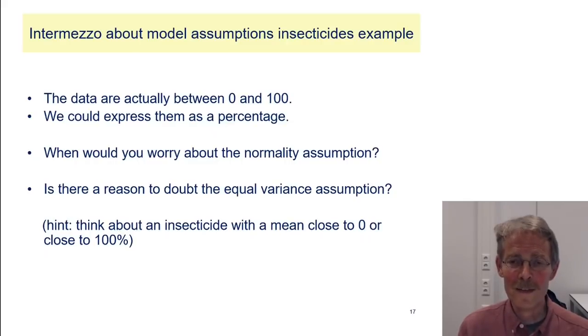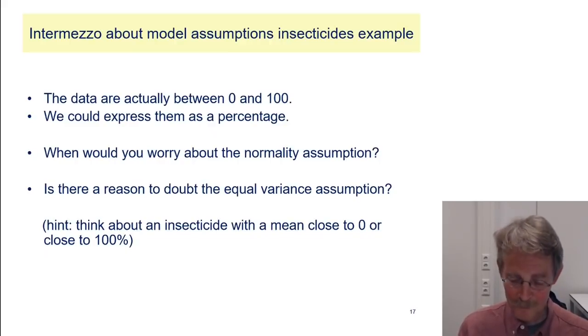So you expect insecticides around 50% to show more variation in their outcome than insecticides that have lower or higher mean percentage. So percentages are worrying when you want to tackle them with an ordinary ANOVA model. There are actually other models which are not part of the course that you can use here.